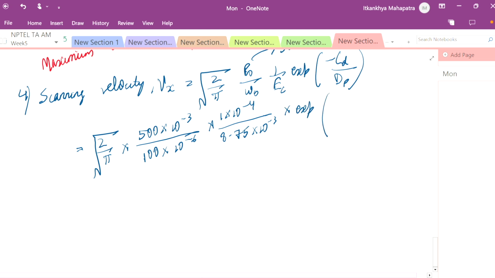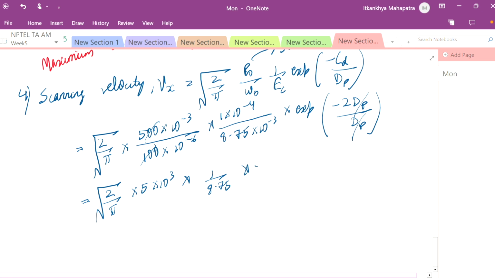Now this will be exponential of CD, which we found out. We know the relation 2 dp by dp, so this will get cancelled. Now this will become 2 by pi into 5 into 10 to the power 3, this all will get cancelled. This will become 10 to the power 3 into 1 by 8.75 into 10 to the power minus 2.